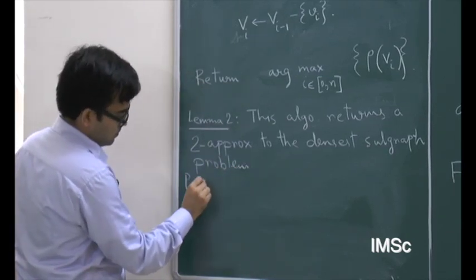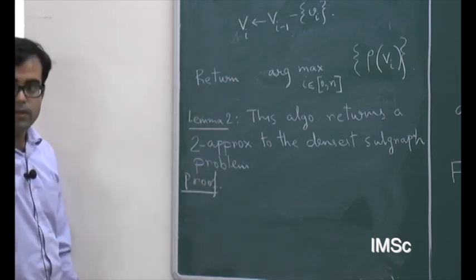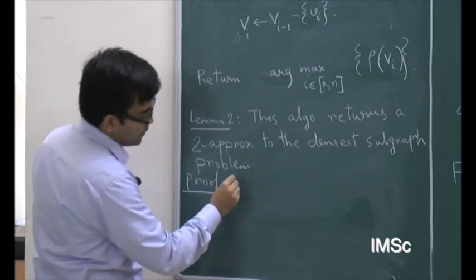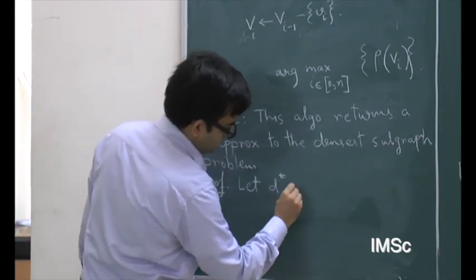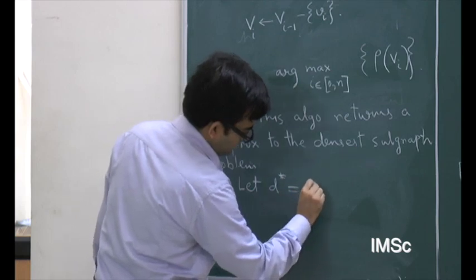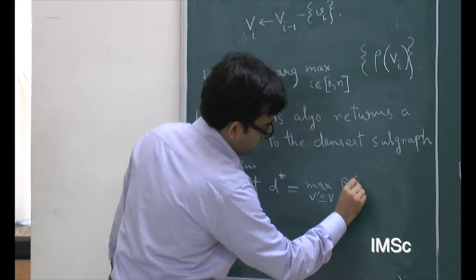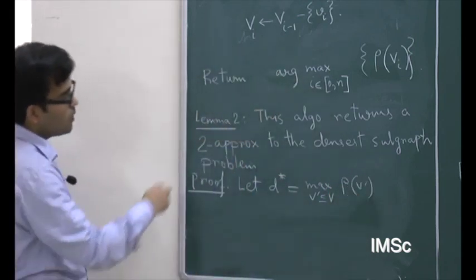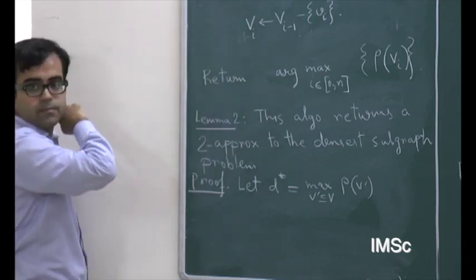Proof. How will the proof look like? So let D star be the optimum density. Now just look at this sequence of subsets.